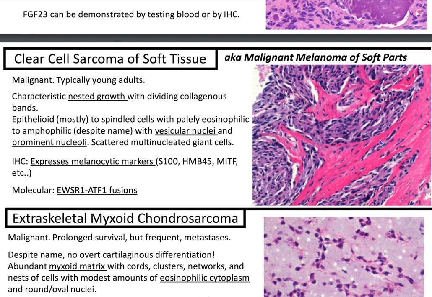You'll have vesicular nuclei and prominent nucleoli, and scattered multinucleate giant cells. So despite its name, it's not necessarily clear. And it does express melanocytic markers like S100, HMB45, MITF, and is molecularly defined by EWSR1-ATF1 fusion.